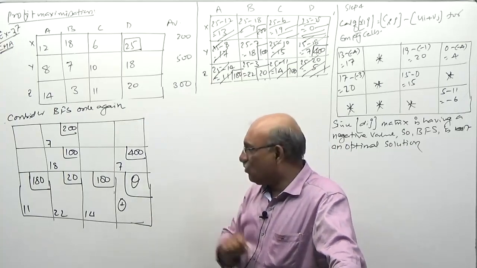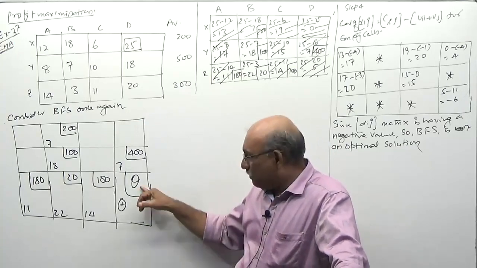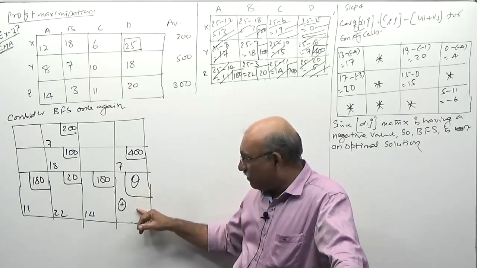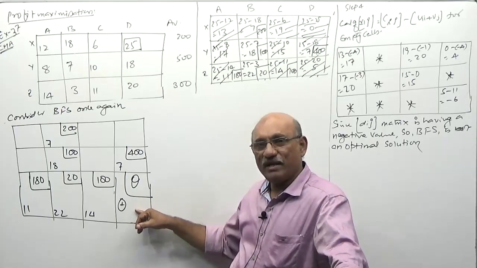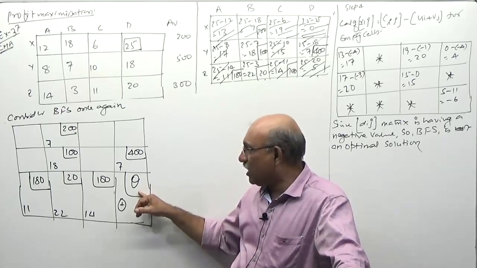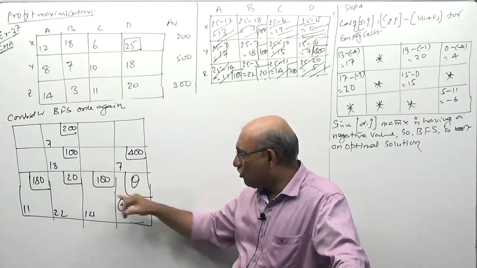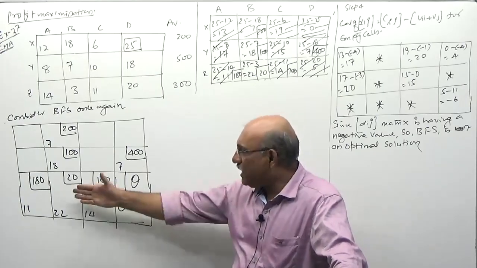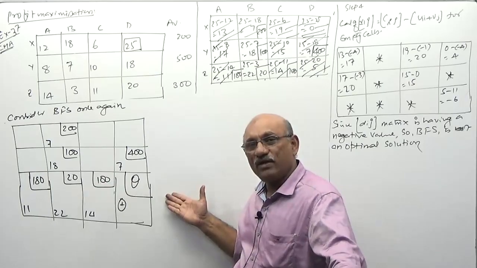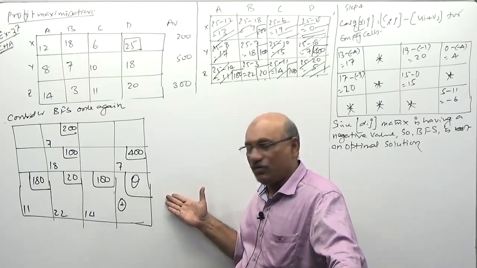Clear? Look at this one more time. I am placing theta here and a plus sign is also placed here. By placing a plus sign here, theta number of units you are shifting from one of these occupied cells to this cell. By doing so, immediately this row total is increased by theta number of units.